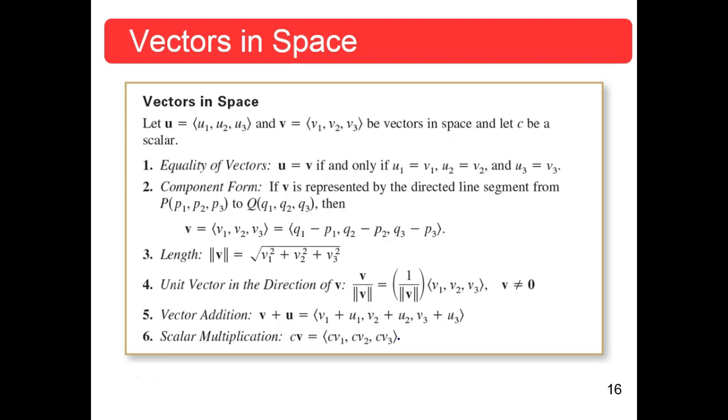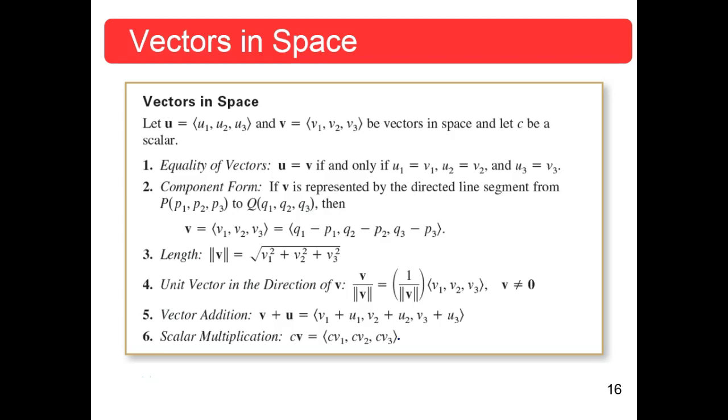The length of the vector, just like we did before, you can either do the square root of Q1 minus P1 squared plus Q2 minus P2 squared plus Q3 minus P3 squared. You can do it that way, but you already know what those things are. So that's just V1 squared plus V2 squared plus V3 squared. Same way we did it in 2 space, only had 2 components.